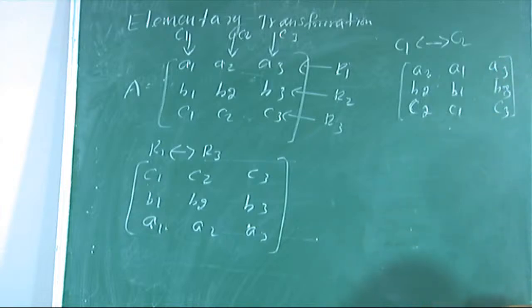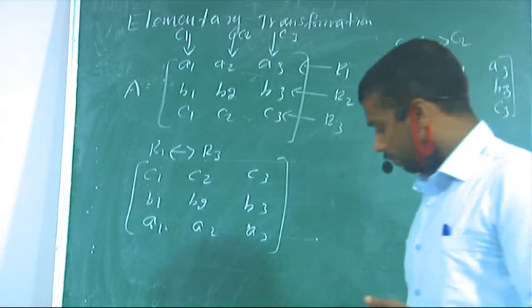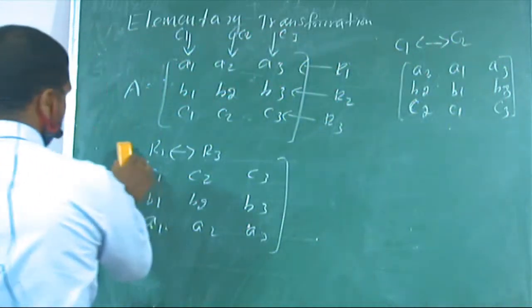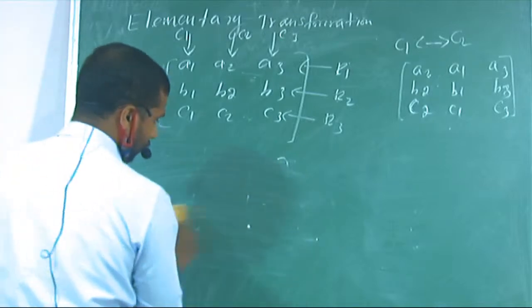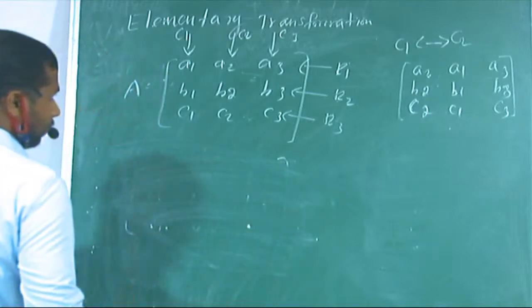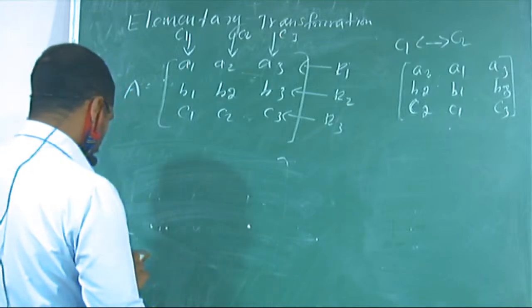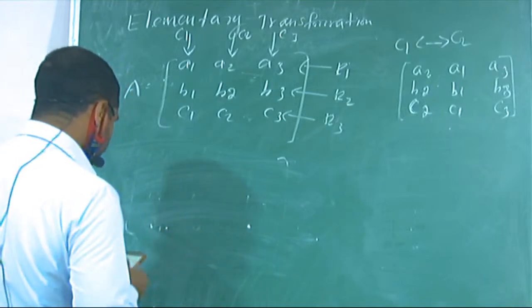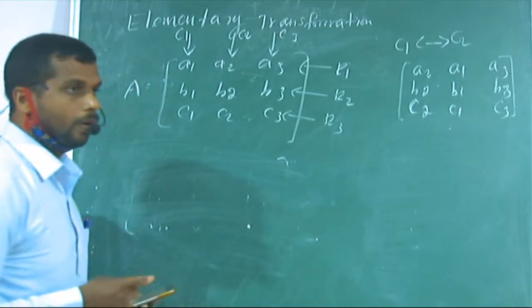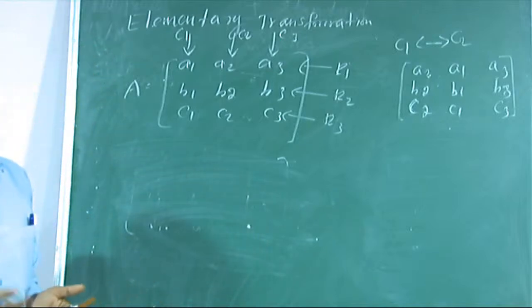Now I am moving to the second point. What is the second point? Replacing a row of the matrix by a non-zero scalar multiple. Non-zero scalar multiple means any constant except 0.